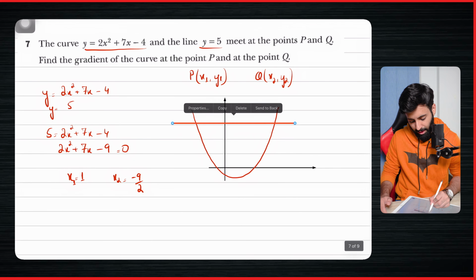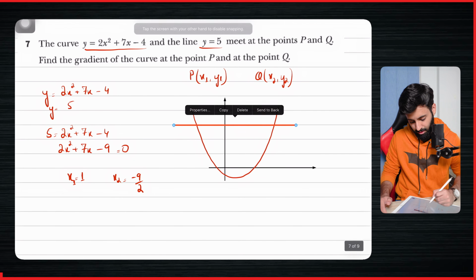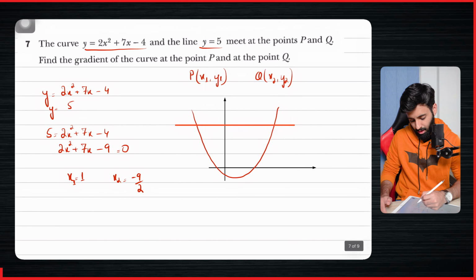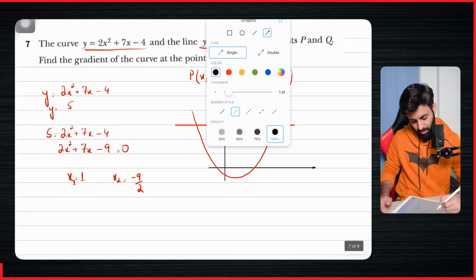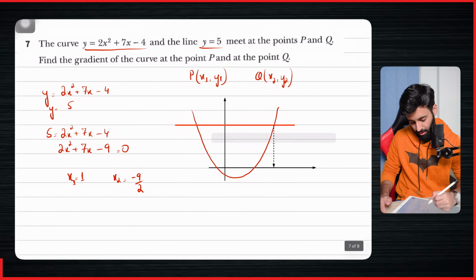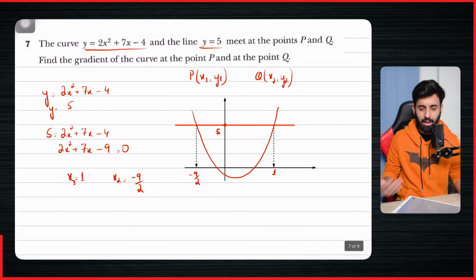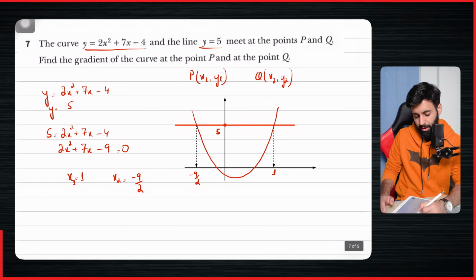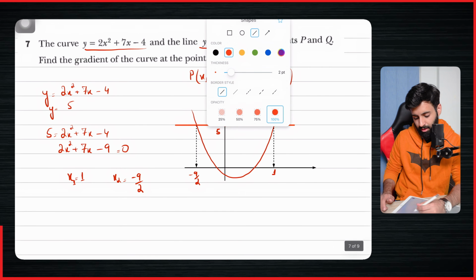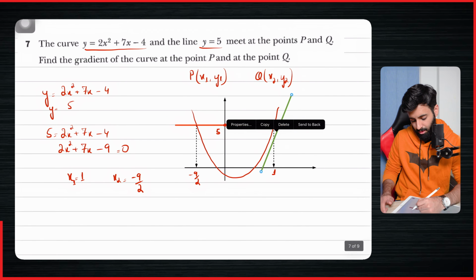Irrespective of the x coordinates, which in this case are 1 and minus 9 over 2, this is not drawn to scale, there's no need to worry about the y coordinate because that's going to be 5. What you do need to worry about is the gradient of the tangent at these two points.